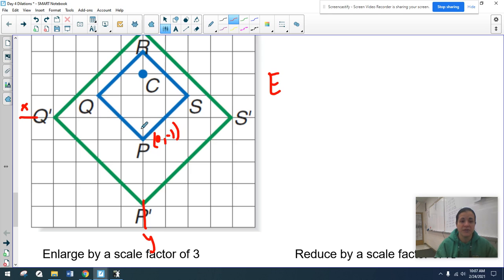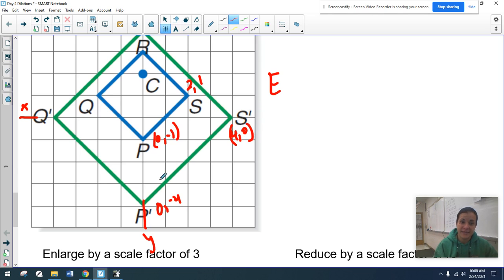And you only have to do it for one side. You don't have to do it for all the sides. And then S is going to be 1, 2, 1. And then the green one, 0, -4. And then S prime over there, that's going to be 4, 0.